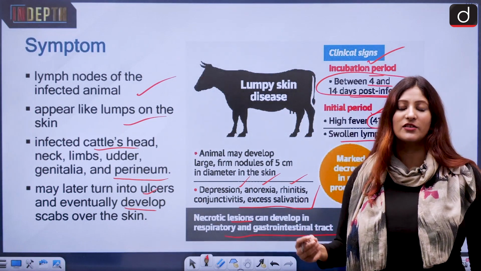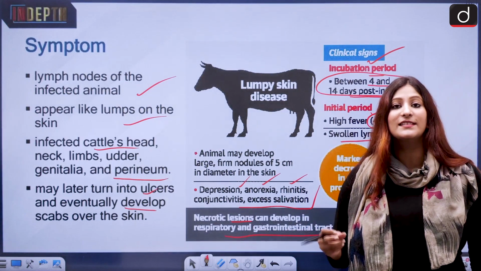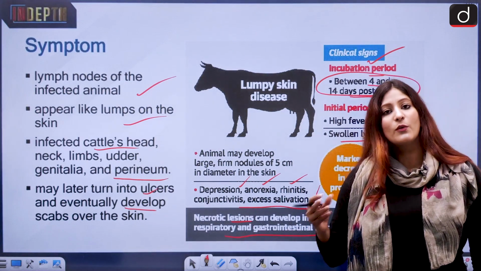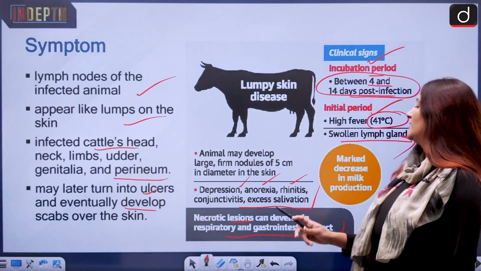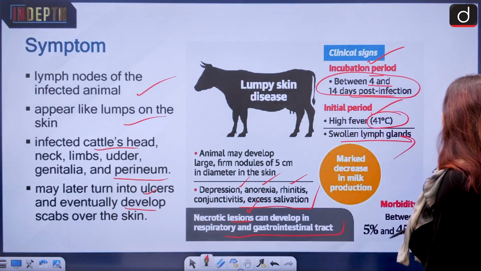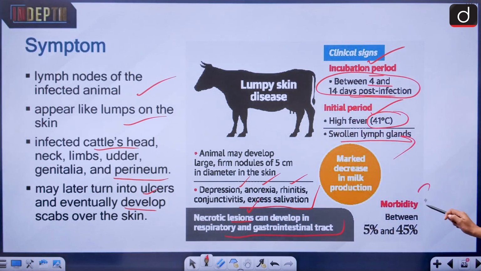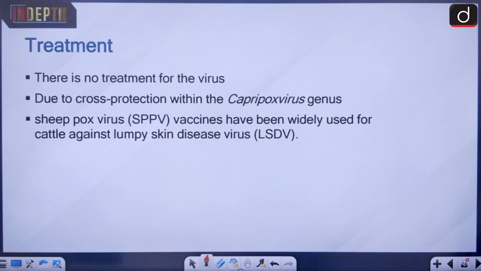Necrosis is a phenomenon in which the cells die by the consumption of their own enzymes which they release. It's a premature death of the cells. And lesions, that means if they occur on a huge scale at a region, so these can also be the problem. Morbidity is between 5% to 45%, and we have lost a lot of cattle because of this.